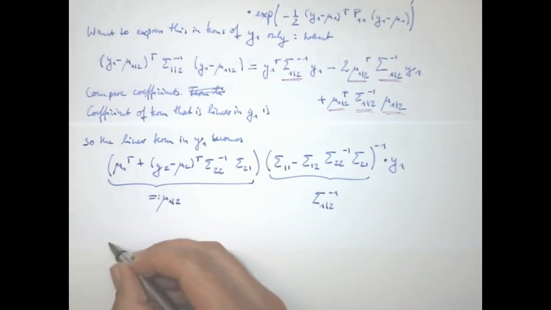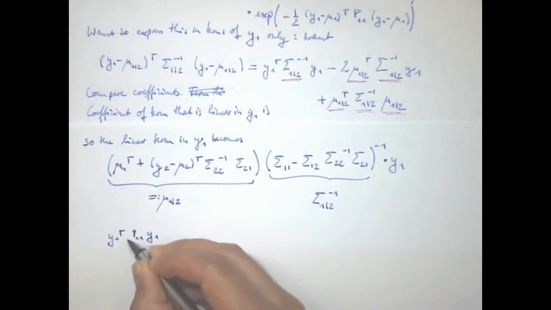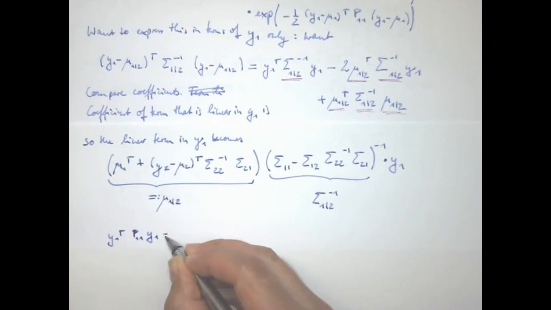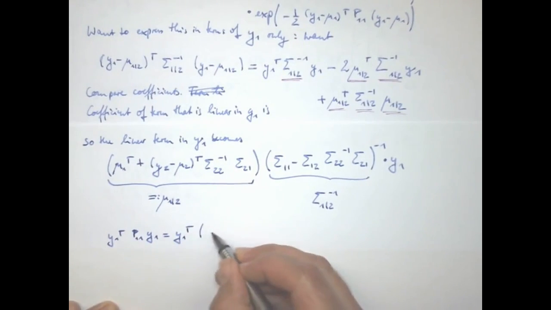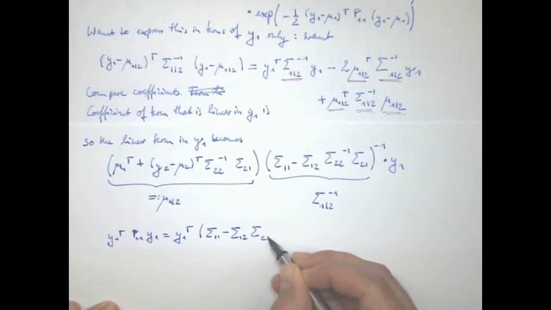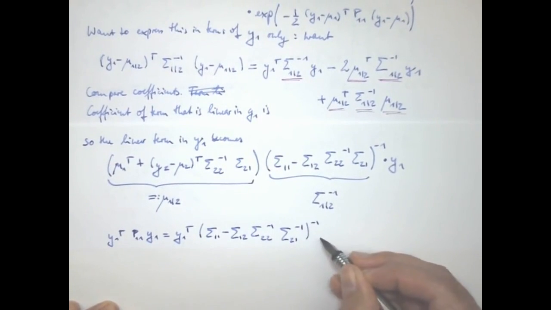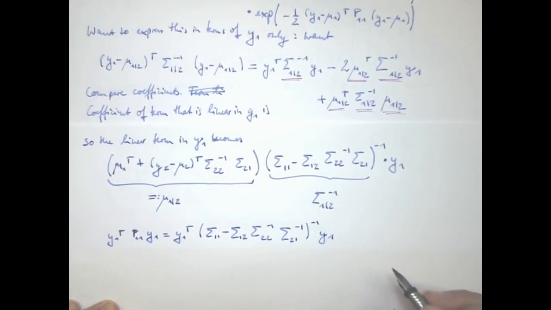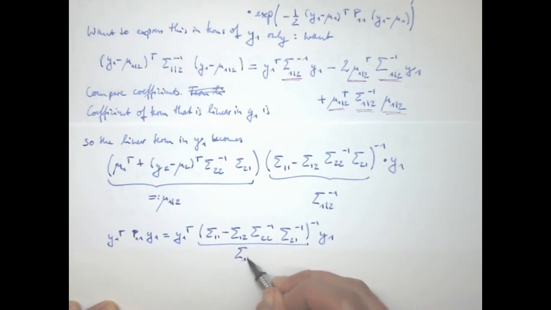This is y1 transpose P11 times y1, again inserting the expression for P11, and that happens to be the same as we saw in the previous equation.